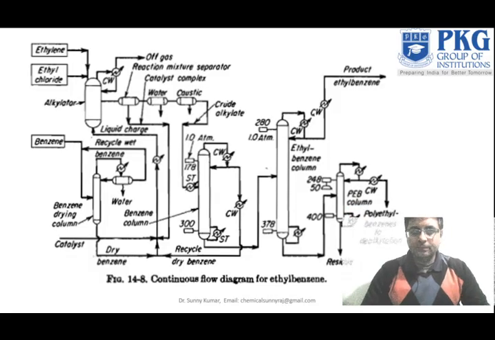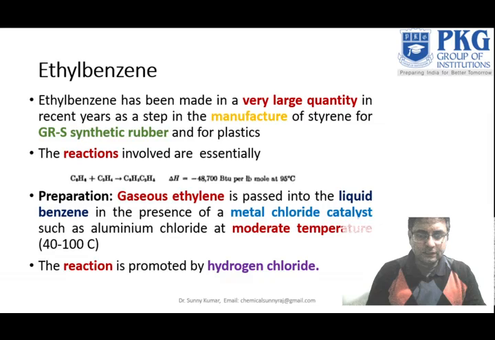This is the continuous flow diagram for ethylbenzene, where the two reactants are ethylene and benzene, and you use a catalyst.